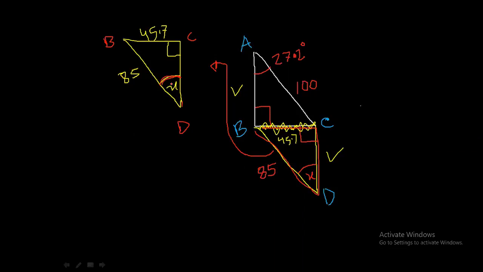So the opposite of the respective angle will be perpendicular line, and the opposite of right angle will be hypotenuse, and the rest will be the base. So I have to find the value of x.